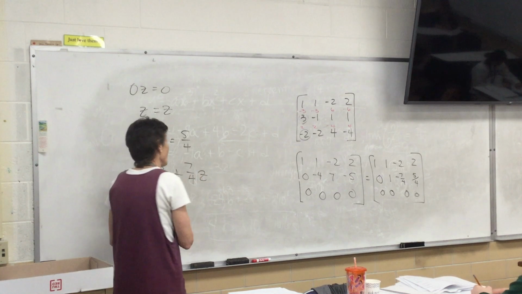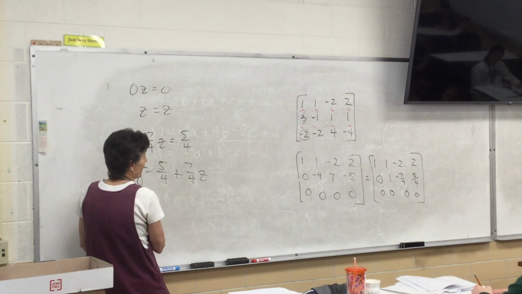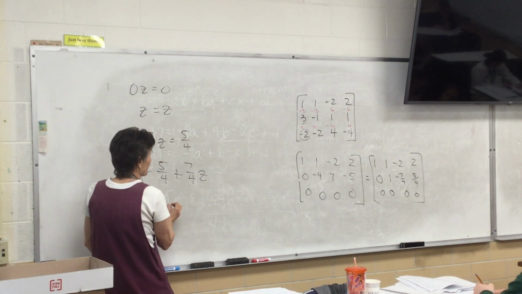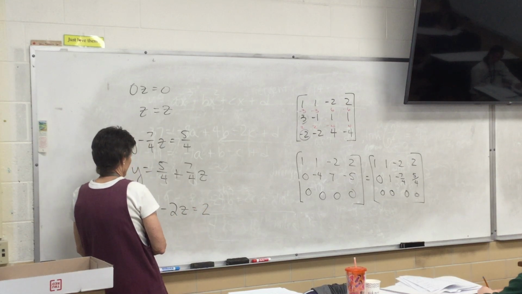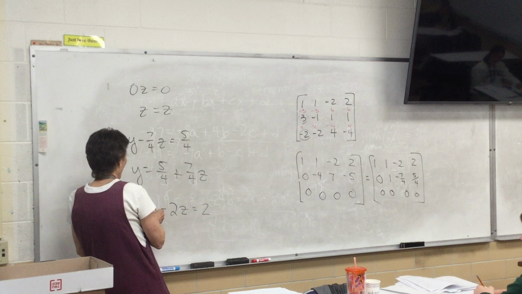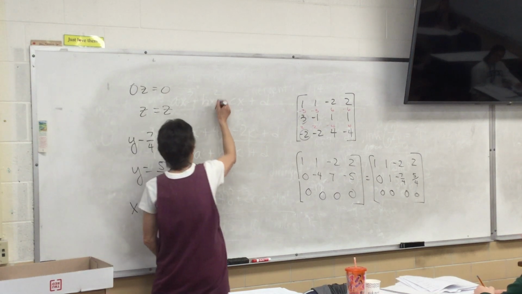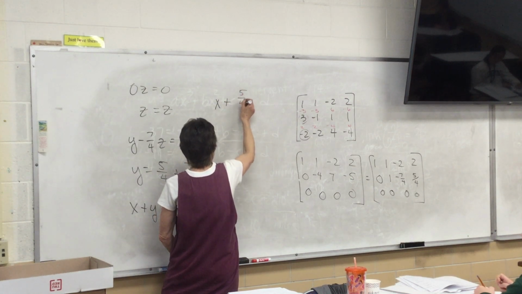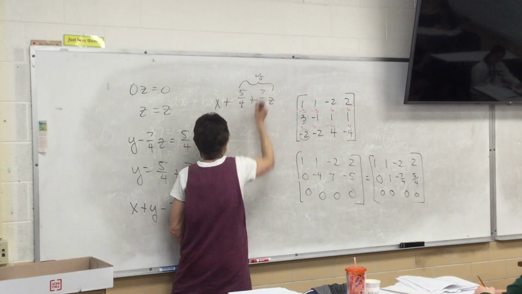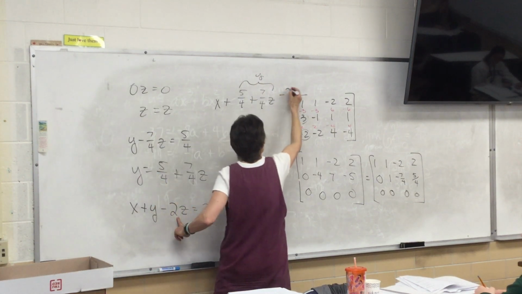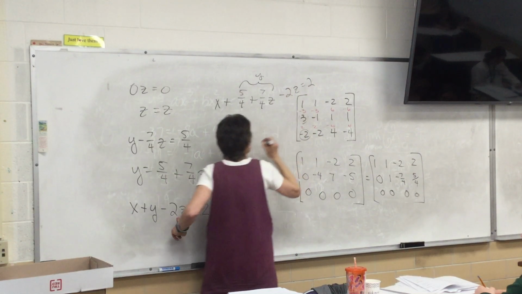And then the row up from that says x plus y minus 2z equals 2. I know y is that, so x plus 5/4 plus 7/4 z, that's my y, minus 2z equals 2.